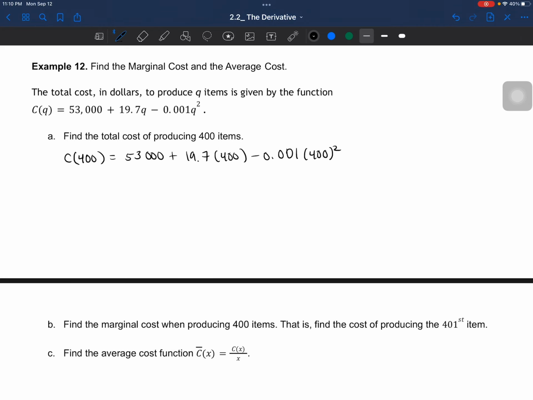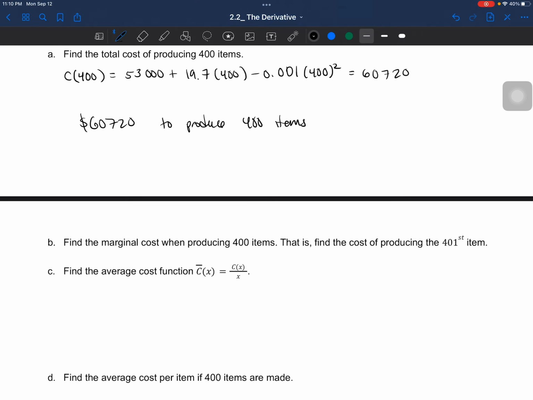Then we'll put this in the calculator, and the end result will be 60,720, and that's the cost of producing 400 items. So $60,720 to produce 400 items.